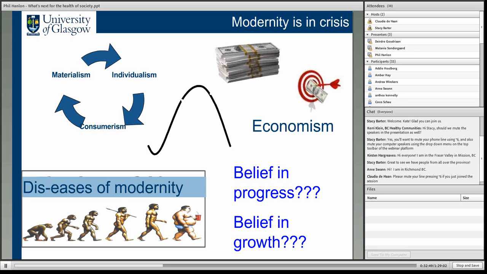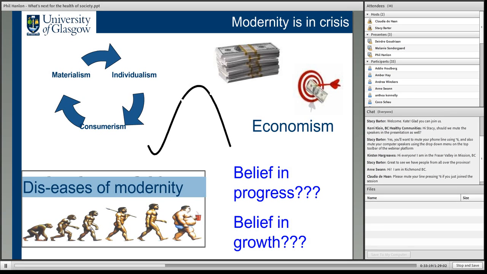Now, that might be a depressing conclusion to come to, but it's not in its way depressing. It's really just part of a further bigger picture. And that bigger picture I touched on in the last webinar, which is that modernity itself is in crisis. It's in crisis culturally because it's in this vortex of materialism and individualism and consumerism, and that is eroding our well-being. It's subject to these diseases of modernity like obesity and loss of well-being.